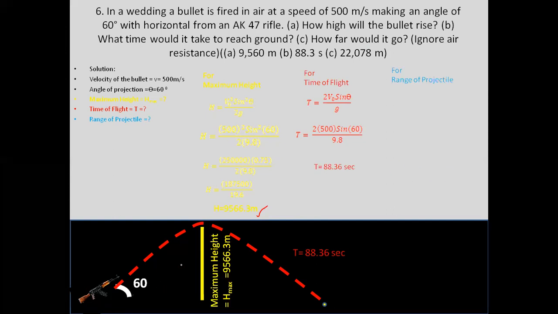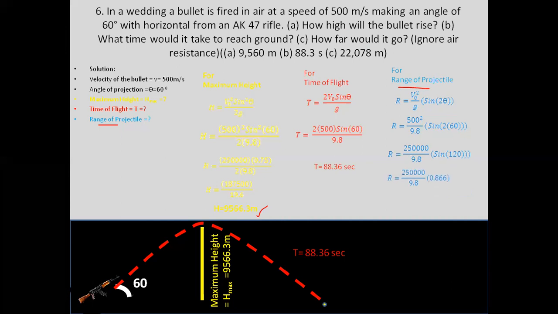The last part of this question, the range, has to be calculated as well. For that, we again have a formula for the range, which is R is equal to v naught squared divided by g into sine 2 theta. Now putting in the value of theta, what do we get? We get v naught, which is 500 squared, sine 2 theta, which is sine 120, divided by 9.8. We get 250,000 multiplied by sine 120 divided by 9.8.